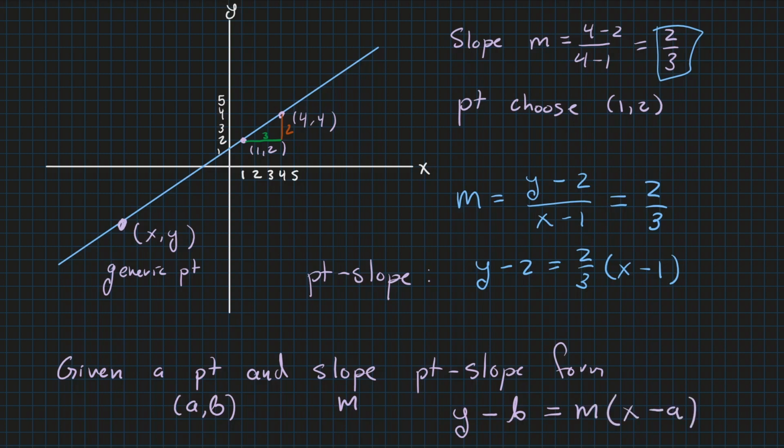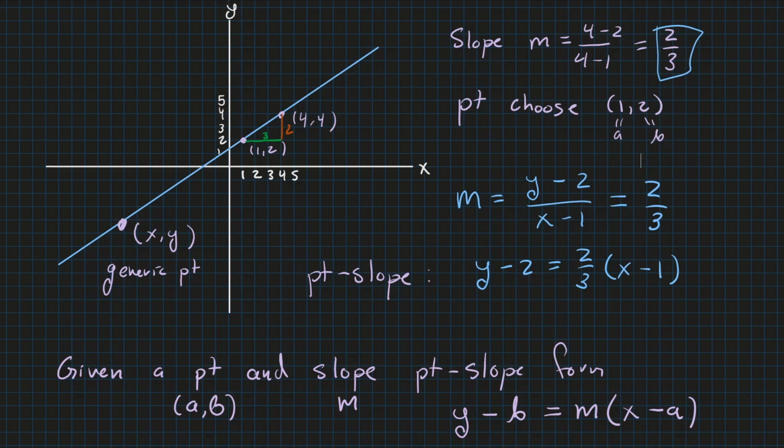And you can see that here with the chosen point, our 1 is our a, our 2 is our b, and our 2/3 is m. So some generic information here. To use the point-slope form, all you need is a point, for instance (a, b), or (1, 2) in this case, and the slope.